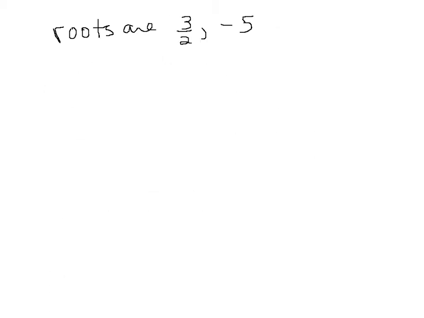So suppose we say that we have a quadratic equation and the roots are 3/2 and minus 5. I could write x minus 3/2, but it's much nicer to write 2x minus 3, right? Because now we're dealing with just integers, and x plus 5.